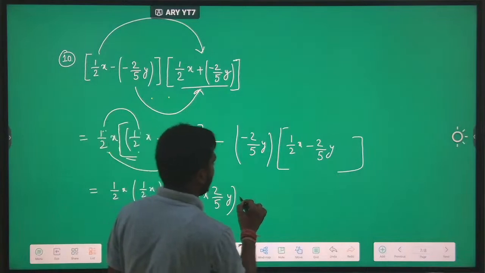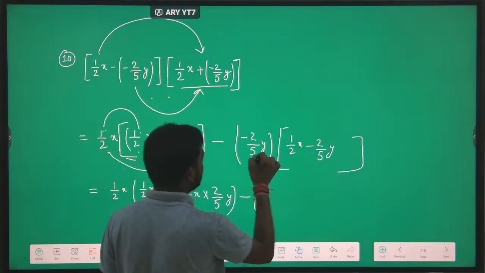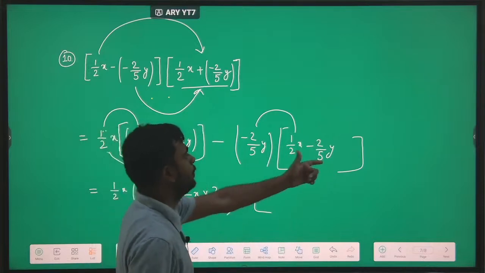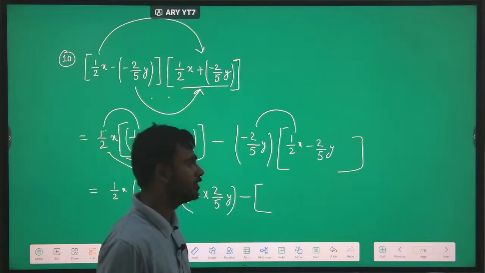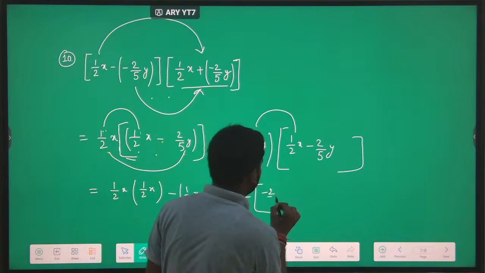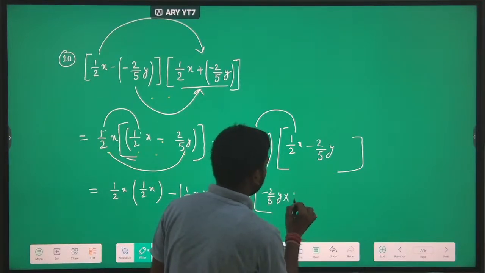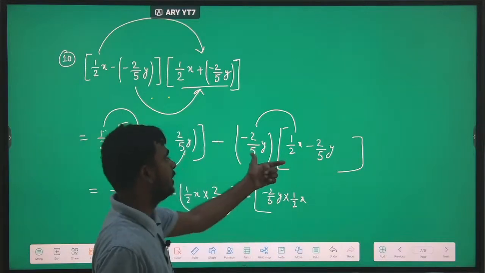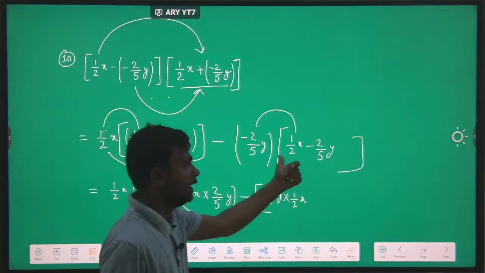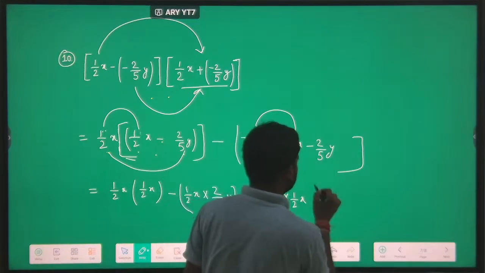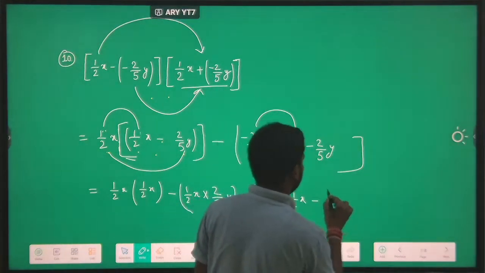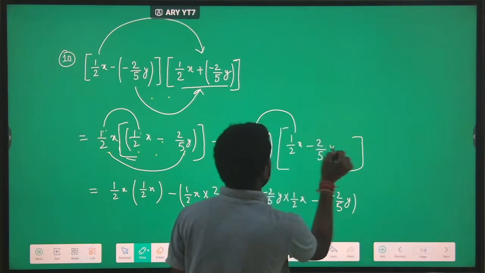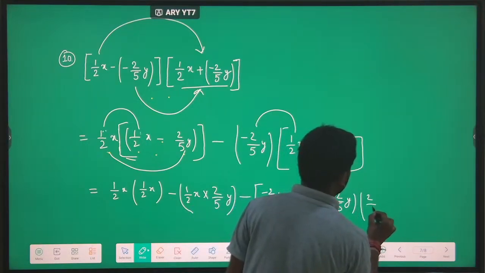Now for this part, minus 2 by 5y is multiplied with 1 by 2x first. A into B minus C, A will be multiplied with B first. So minus 2 by 5y into 1 by 2x. The first part is like this. Then A into C, with this minus sign, so it will be minus 2 by 5y into 2 by 5.